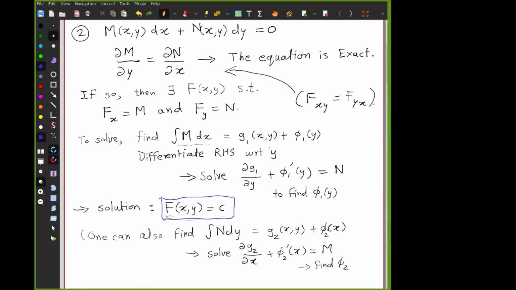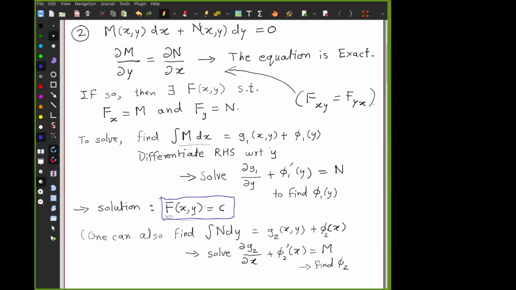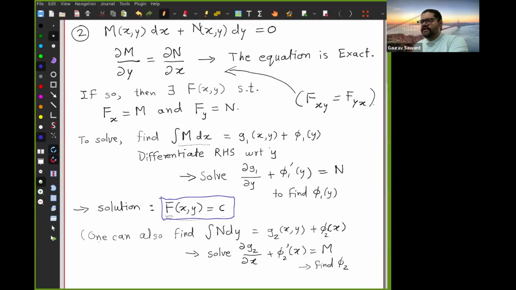If you take the total derivative on both sides, let's write that total derivative in blue somewhere here. So let me write it here. Del f by del x dx plus del f by del y dy equal to 0 is what we will get.